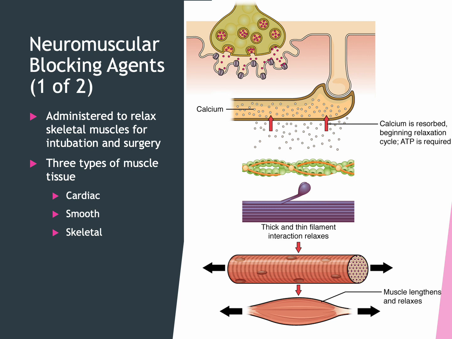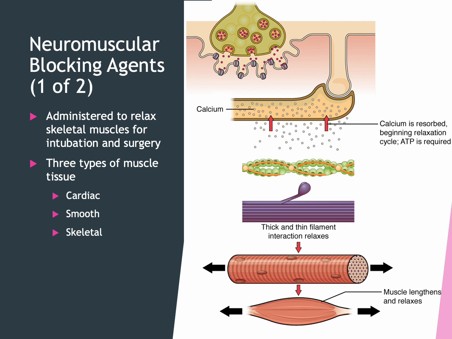And to understand how they work, we really need to have a grasp of the process of muscle contraction. Our body, remember, is comprised of three different types of muscle tissue, and that is cardiac, smooth, and skeletal. Now remember, for a muscle to contract, it has to be stimulated by a motor nerve. And when the nerve impulse arrives at the neuromuscular junction, which is the gap between the nerve ending and the muscle fiber, which is also referred to as a synapse, a neurotransmitter called acetylcholine, or ACH, is released into the gap.